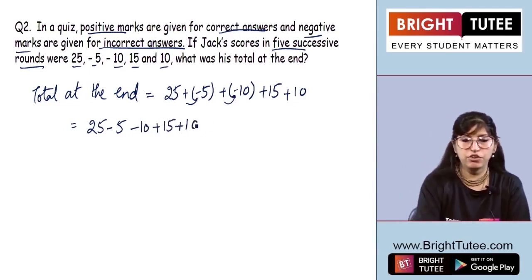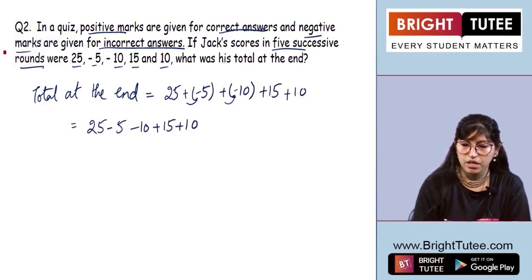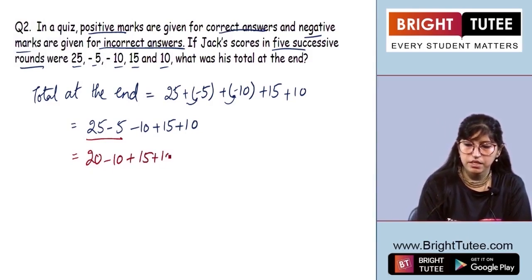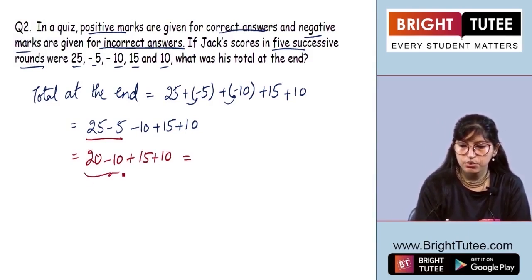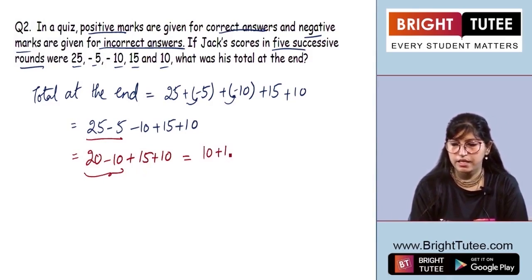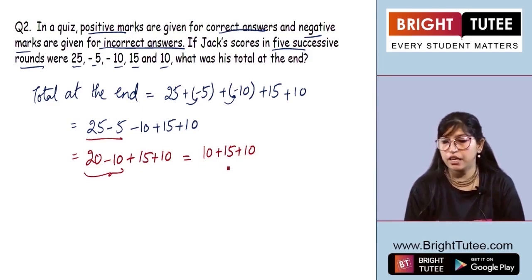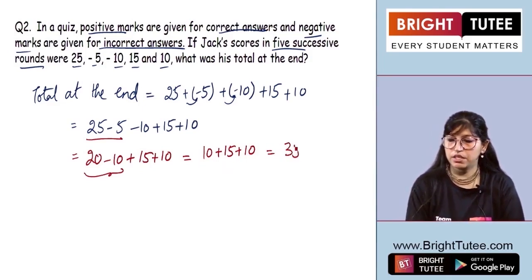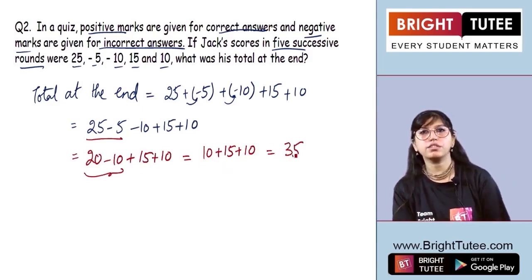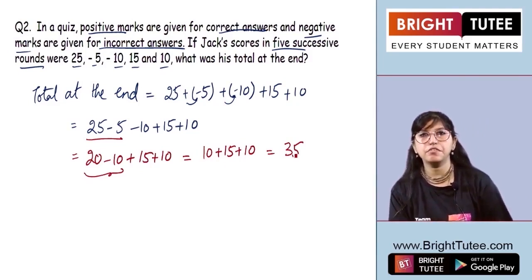Let's try to take 2 together. So 25 minus 5 is 20. 20 minus 10 plus 15 plus 10. Now the next step will be 20 minus 10 is 10 plus 15 plus 10. So 10 plus 15 is 25, plus 10 is 35. So the total marks he got at the end is 35.